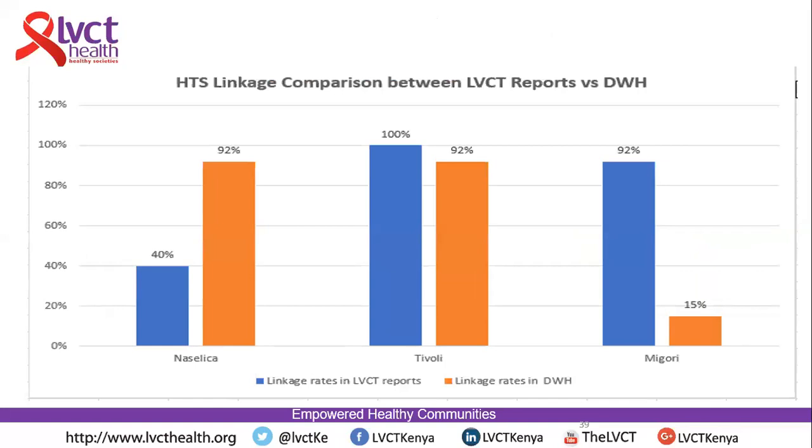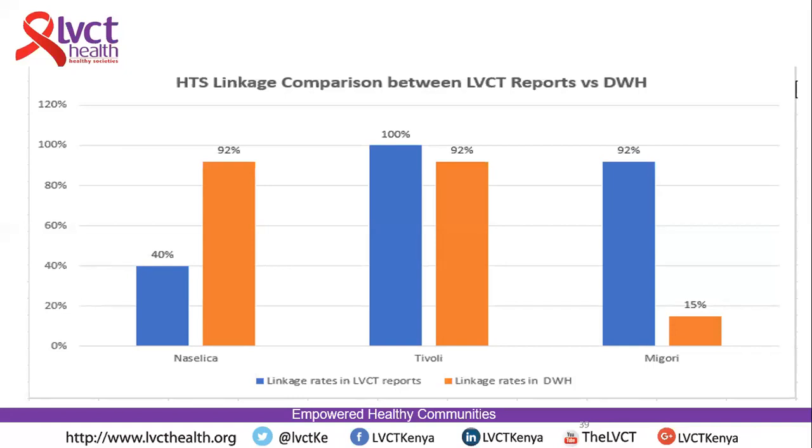And then in this slide, we are also comparing the reports versus what is in the data warehouse. If you look at the 40% contribution, that is the clients that have been linked at this site. And then the 92% is now the overall linkages in the national data warehouse.